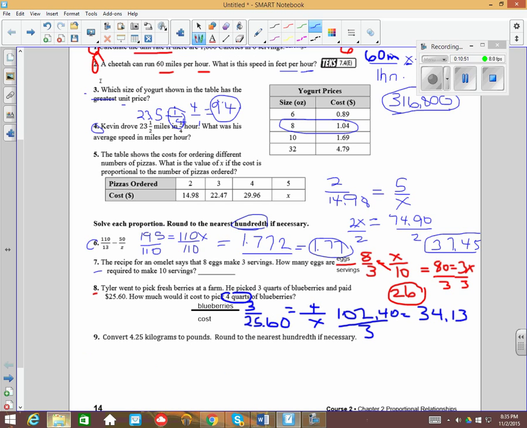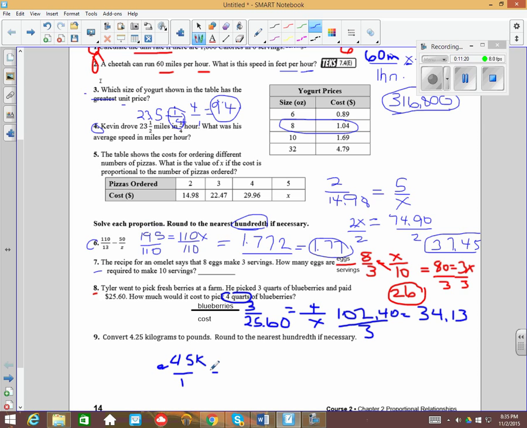Now, number 9, convert 4.25 kilograms to pounds. First of all, you want to know how many kilograms are in 1 pound. One pound is 0.45 kilograms, and you can use a chart to know what that is.